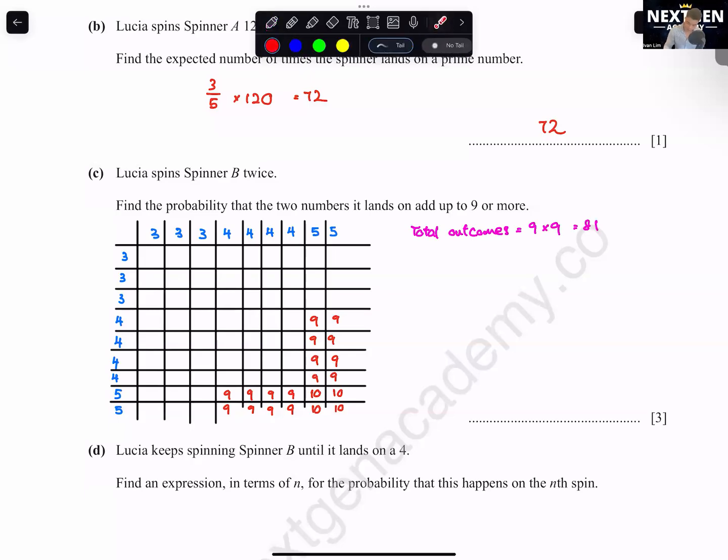Out of the 81, how many of them will give me 9 or more? Count. 1, 2, 3, 4, 5, 6, 7, 8, 9, 10, 11, 12, 13, 14, 15, 16, 17, 18, 19, 20 of them. So my probability will be equal to 20 over 81.